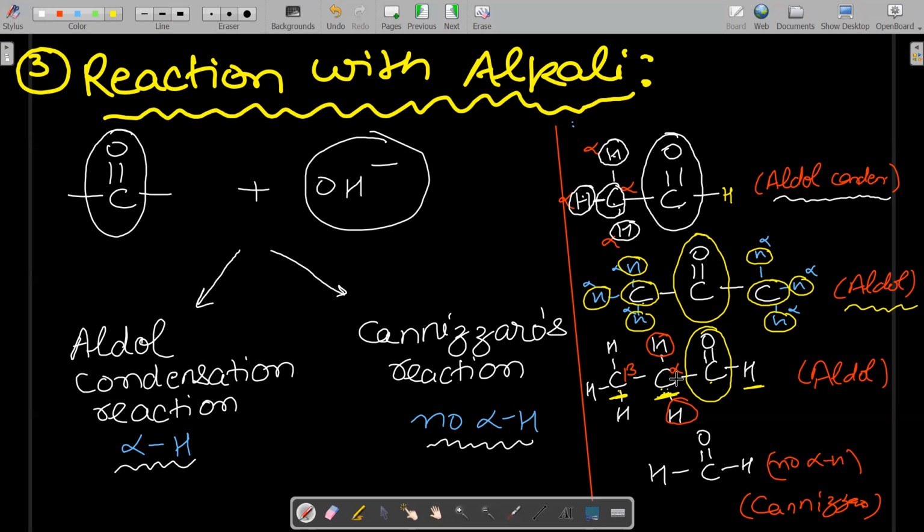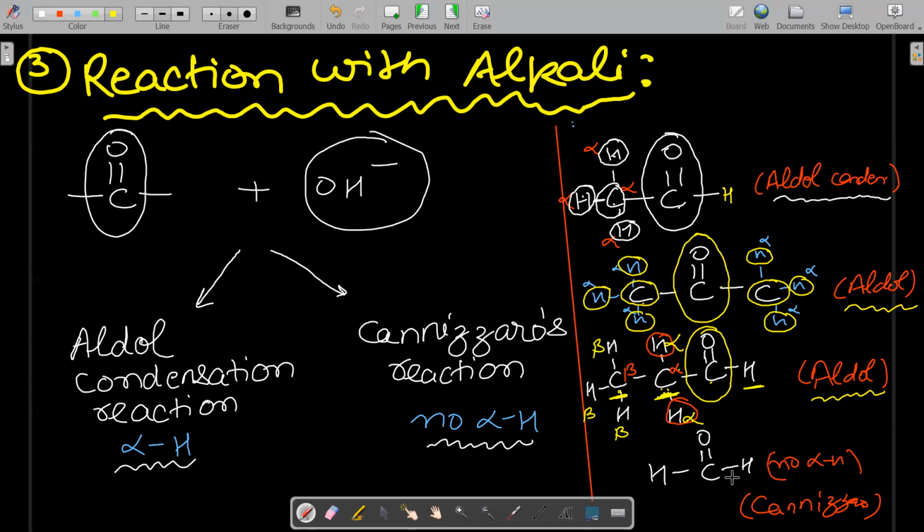Here this carbon is the alpha carbon, so these hydrogens are alpha hydrogens. But the next carbon is the beta carbon, so its hydrogens are beta hydrogens. The aldol condensation reaction is shown only by alpha hydrogen, not by beta hydrogen. So only these two alpha hydrogens participate in the aldol condensation reaction.